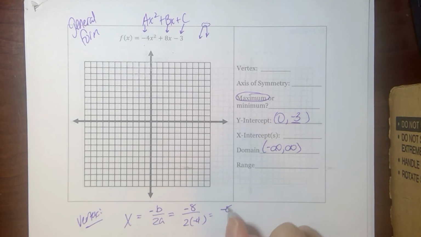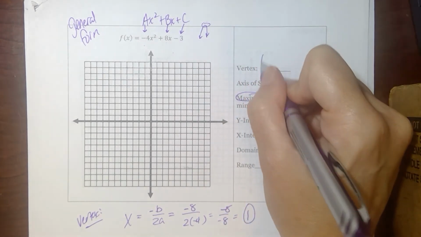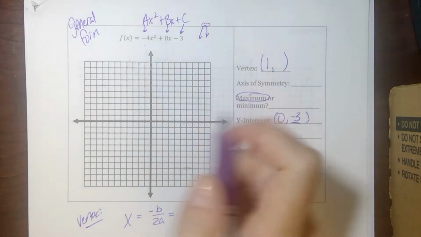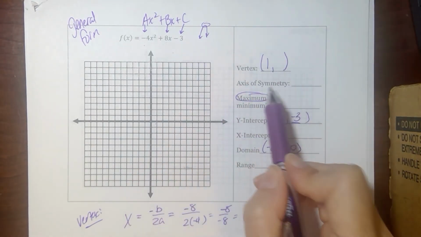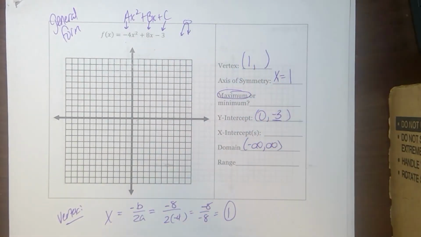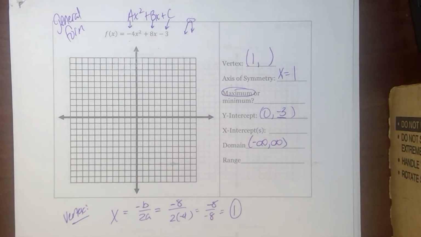That gives me -8 over -8, which is just 1. So the x-coordinate of my vertex is 1. That x-coordinate also tells me what my axis of symmetry will be. It will be the equation x equals 1.